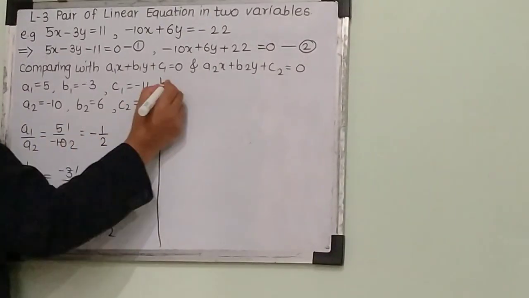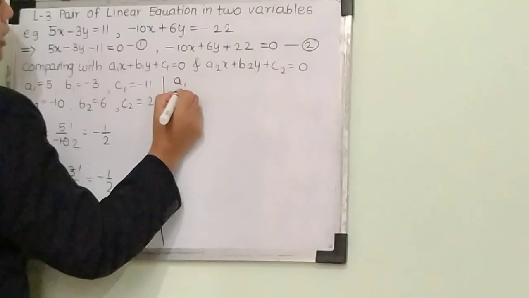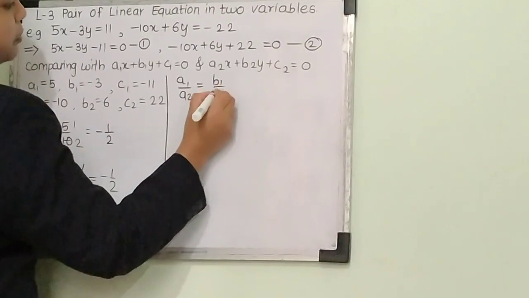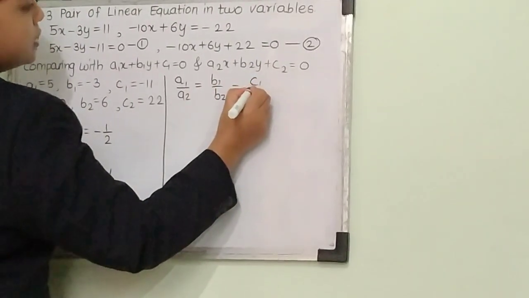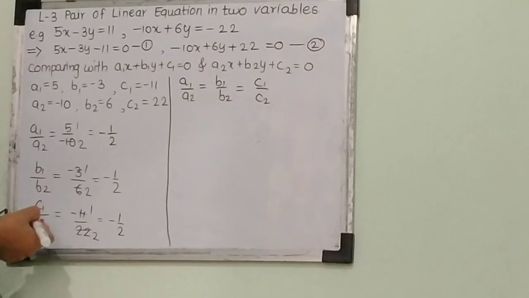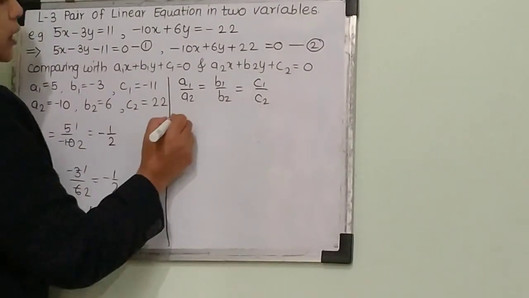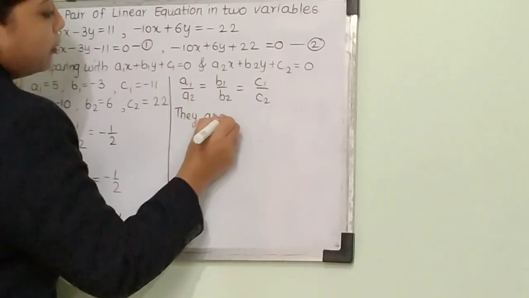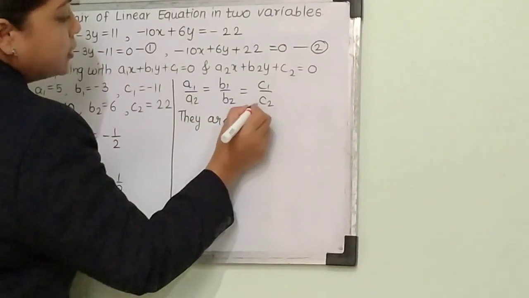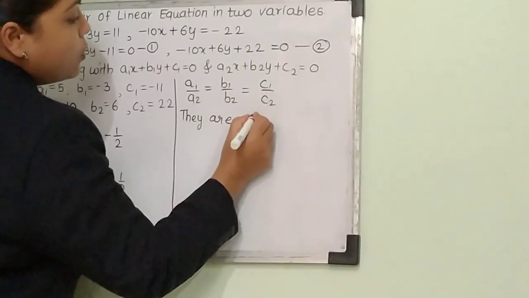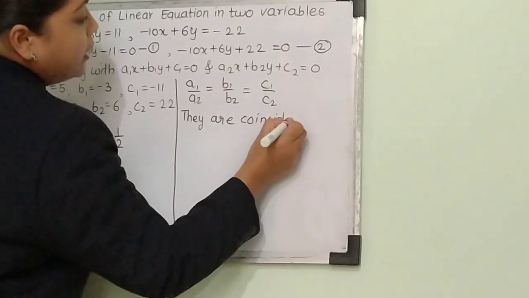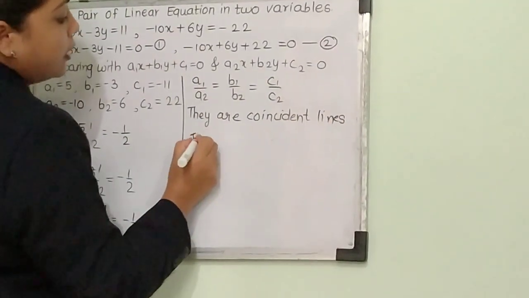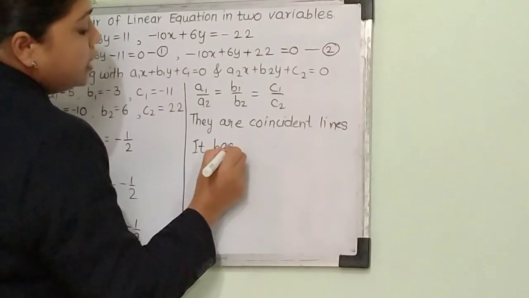So here we can say that a1 upon a2 equals b1 upon b2 equals c1 upon c2. When the three ratios are equal, then we can say that they are consistent, because they are coincident lines, and coincident lines have many solutions.